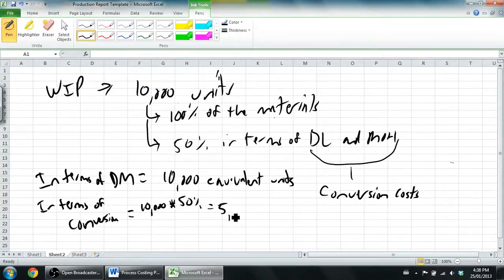That's the equivalent of having 5,000 units that are totally done. So we call those 5,000 equivalent units. And that's in terms of conversion. If you've understood this concept, you're going to do just fine when it comes to preparing our production report. Let's go back to the template and let's deal with the equivalent units that are found in this specific problem.